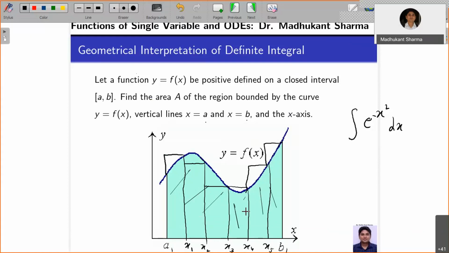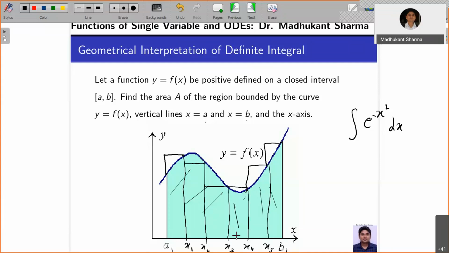You sum up the areas of all the rectangles: area is length times width. The height is f of x1, since the function is known, so f of x1 times (x1 minus a1). In this case f of x2 times (x2 minus x1), and so on. You can sum up the areas, and that will give you the approximation of the area under the curve y equals f of x.